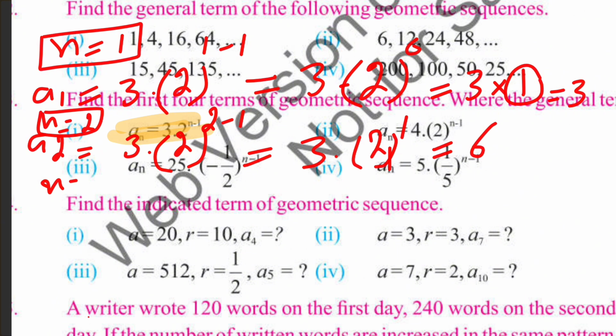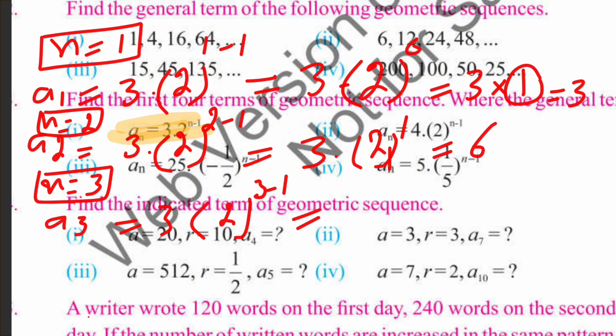Same as n is equal to 3: a3 is equal to 3 into 2 raised to the power 3 minus 1, which is 3 multiplied by 2 squared, and the result is 12.